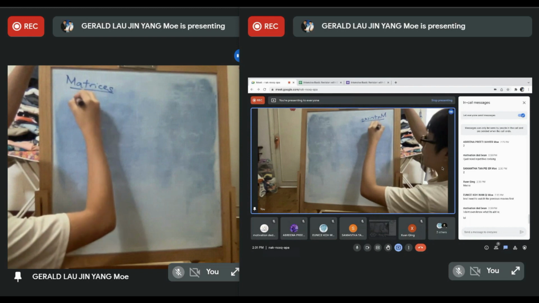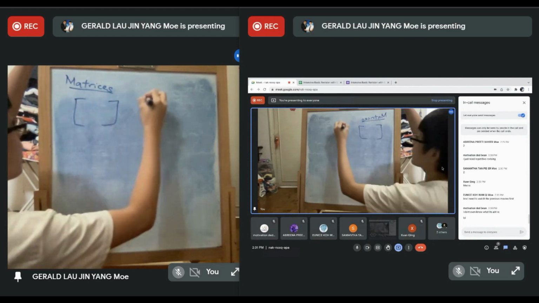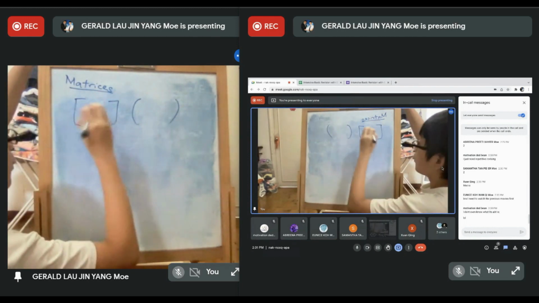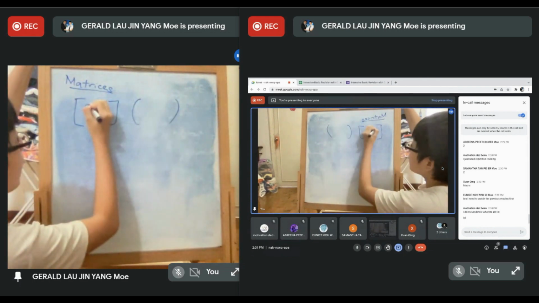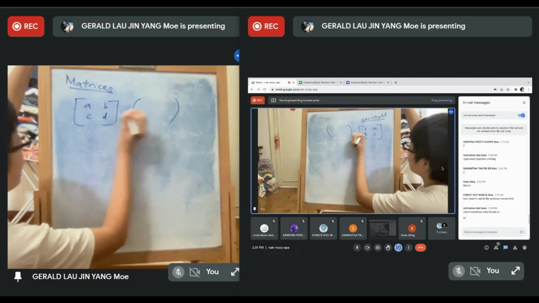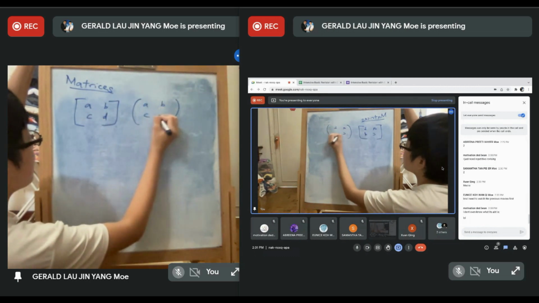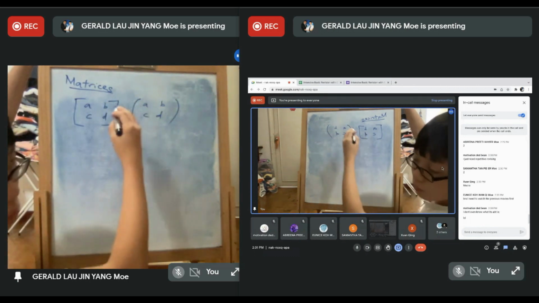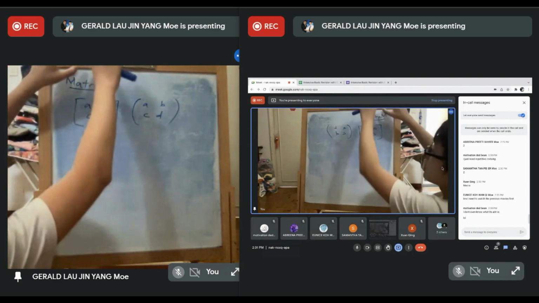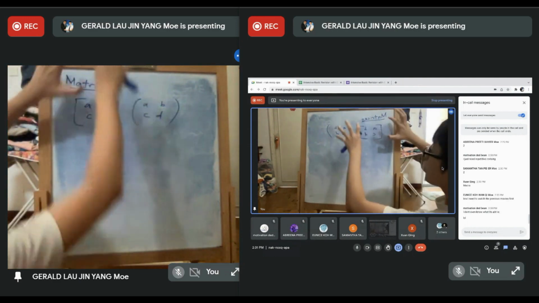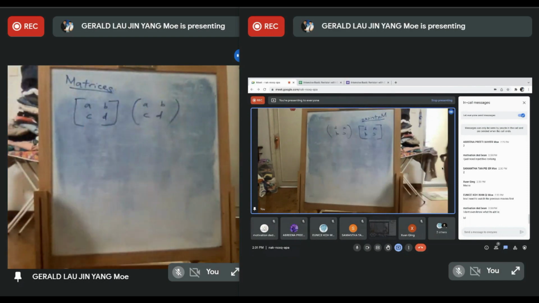You have a big bracket, you can be like this, big bracket, or you can be like this, big bracket. Array means you have arranged them in columns and rows. For example, A, B, C, D, or A, B, C, D, anything. It doesn't have to be 2 times 2. It can be any array. As long as you arrange these numbers in this form, in a big bracket, it is called a matrix.